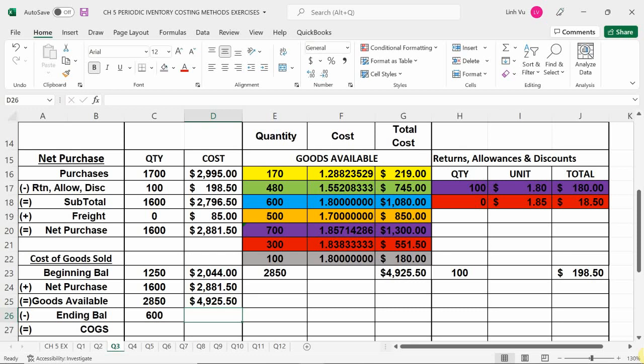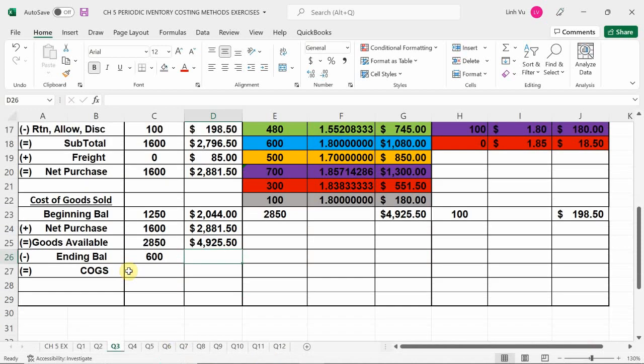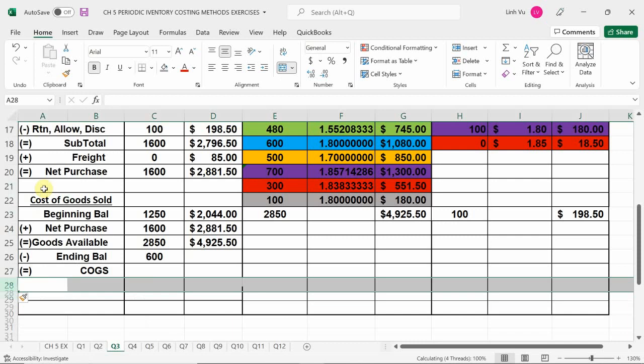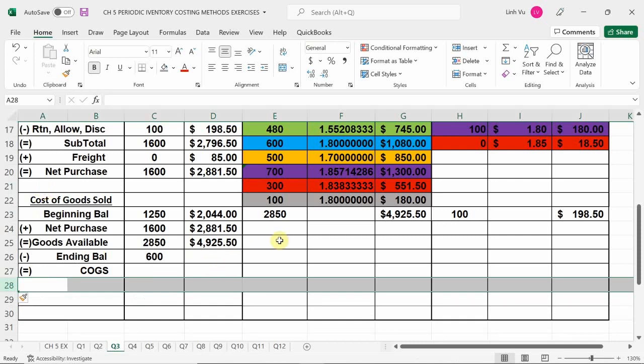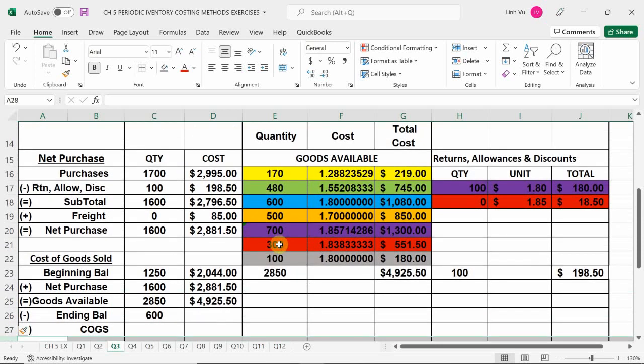And guess what? It matches your goods available right here in your table. Okay. Then it tells me here that I have 600 units left.